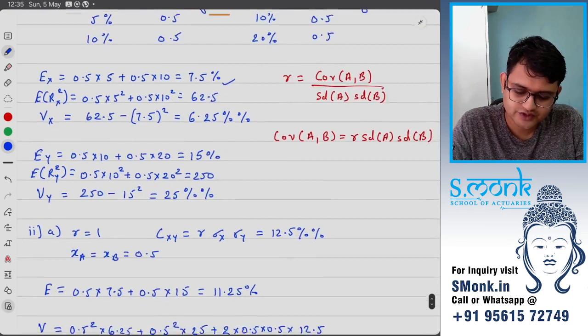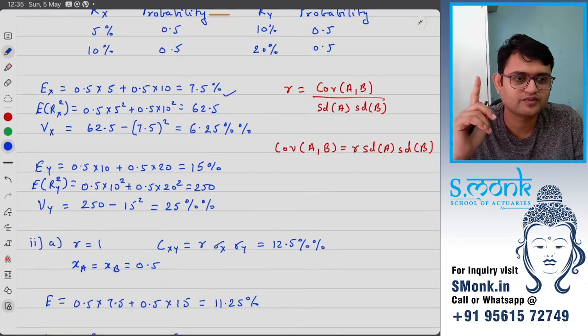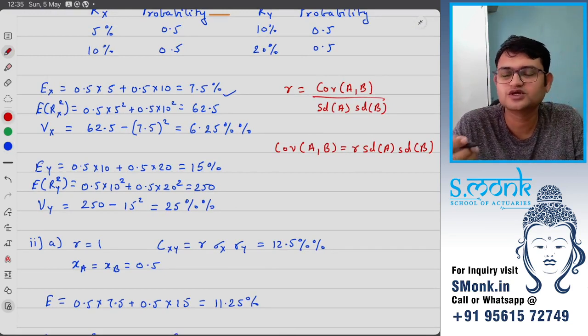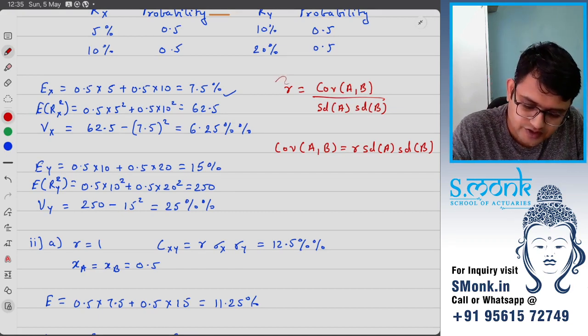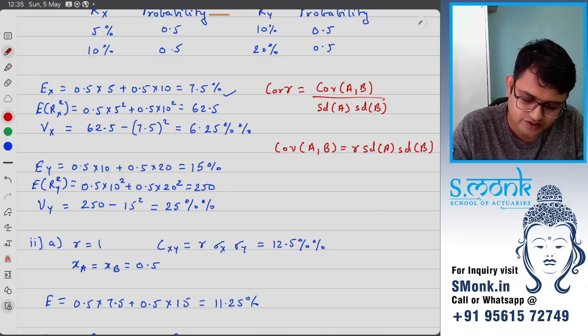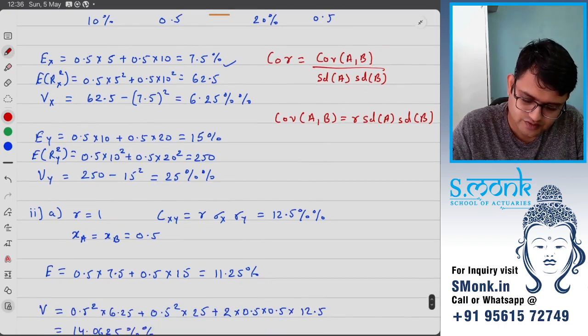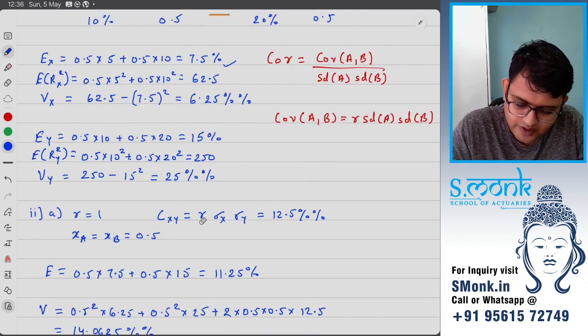One thing we should not use R for this correlation. Please just correct it, because R we are going to use for risk free rate of return. We wrote that at the beginning. Just write this as CORR, or just COR will also work, no problem. Wherever we have written R for correlation, just correct that to COR, correlation.